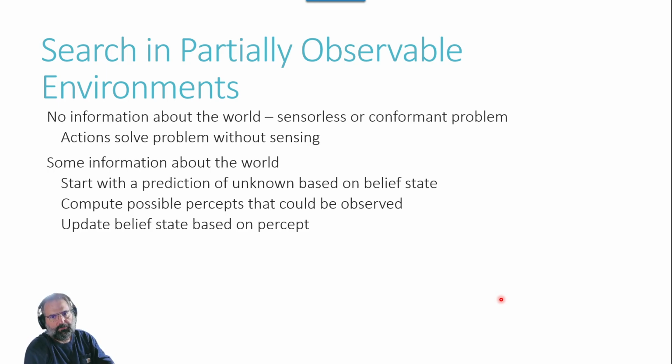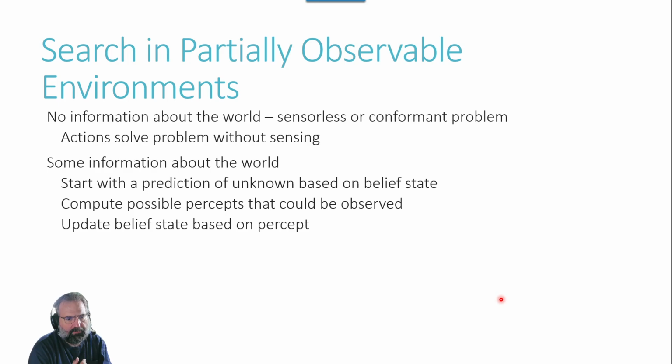When you're searching in partially observable environments, you can't see the entire world, so you can only see where you've been, and it may change depending upon if the world is static or not. So there's no information about the world, sensorless or a conformant problem. Actions solve problems without sensing, so we may have to do this by taking advantage of the fact that our actions cause side effects.